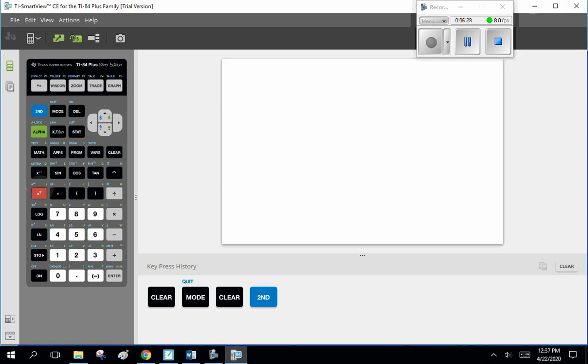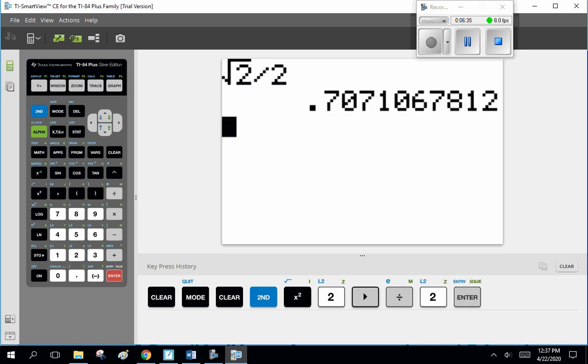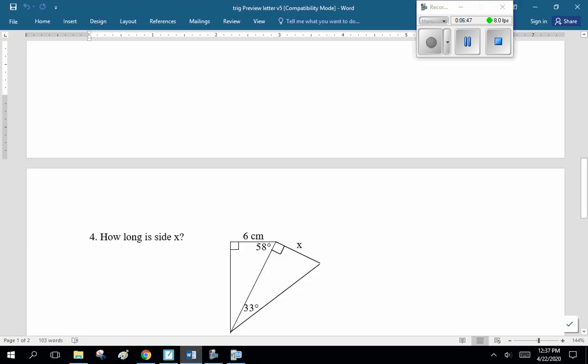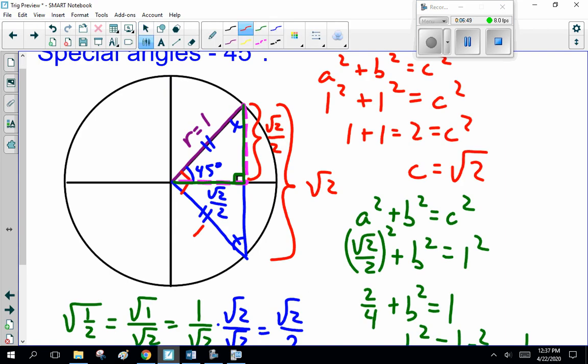Second, square root of 2 divided by 2 is 0.7071067812. Okay. Remember that number for a moment.